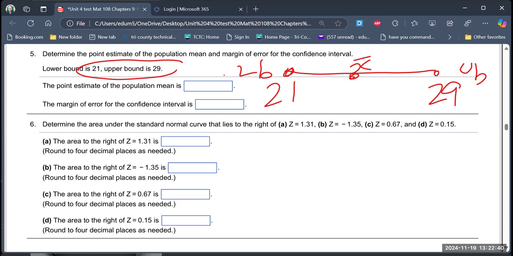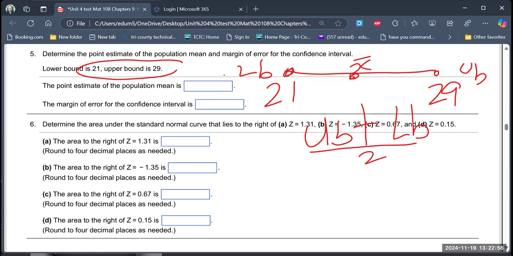Anyway, if I'm told to find the X bar, which is the point estimate, all I'm going to do is upper bound plus lower bound divided by 2.